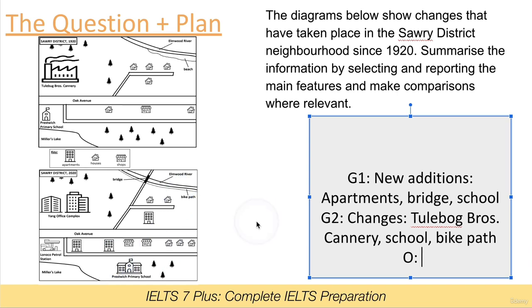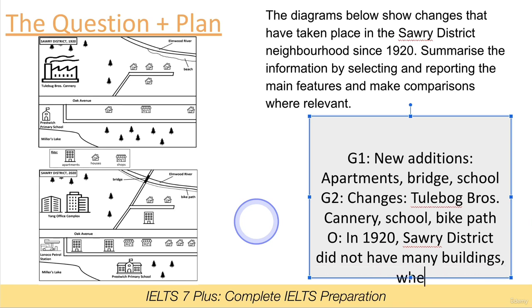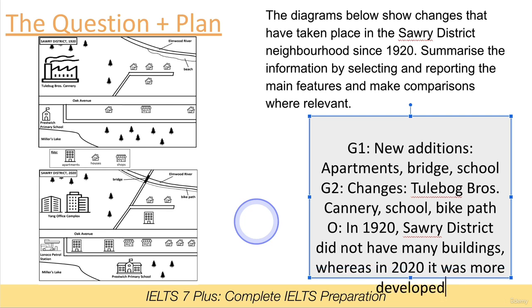So in 1920, Sowry district did not have many buildings, whereas in 2020 it was more developed.